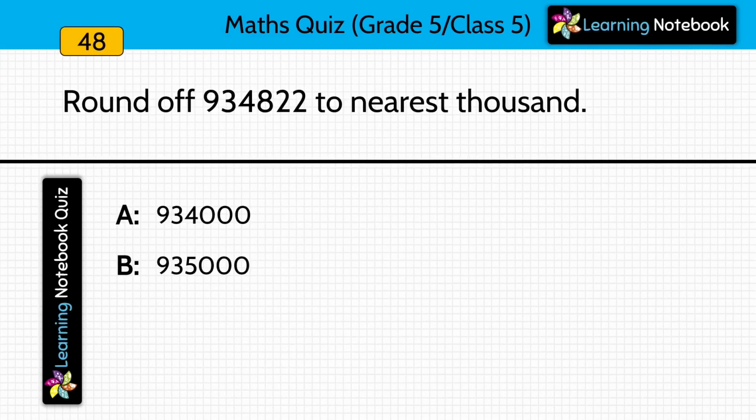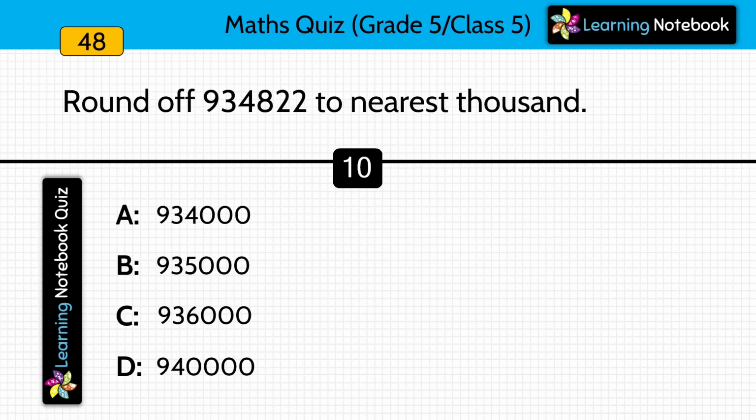Next question. Round off this number to nearest 1000. You are given this number and you have to round it off to nearest 1000. Answer is 935,000.